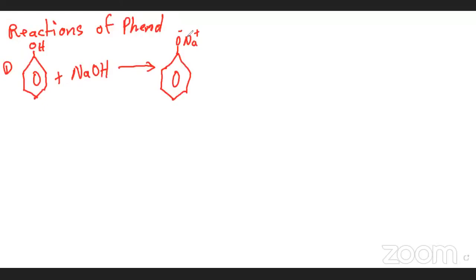All you need to know for phenol is the reagent and the product. Once you react phenol with sodium hydroxide, you are going to get sodium phenoxide. That's how it is named. The only thing that happens is you replace the hydrogen with sodium. So that's one reaction of phenol that you should know.